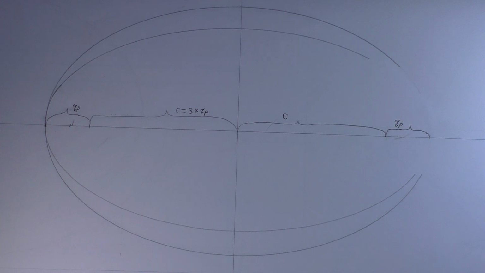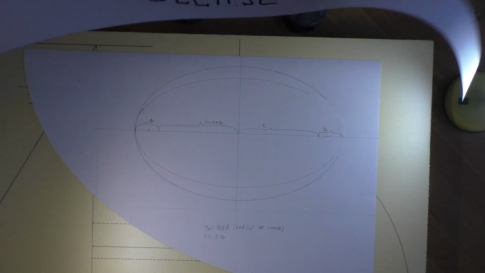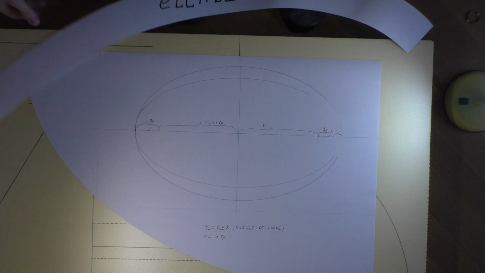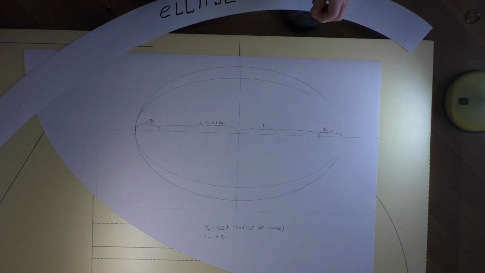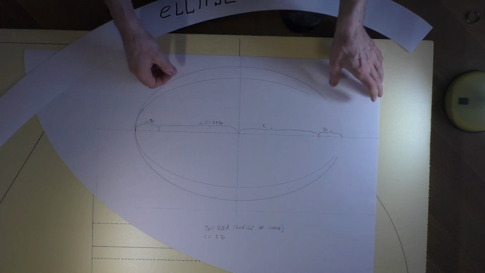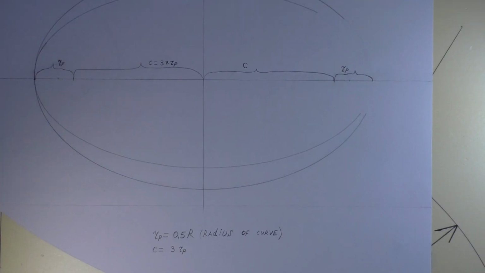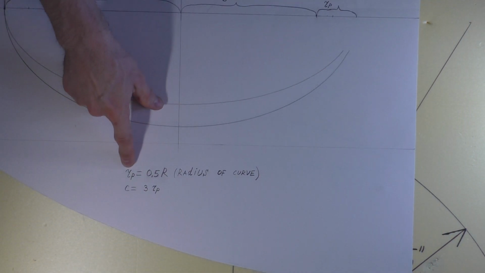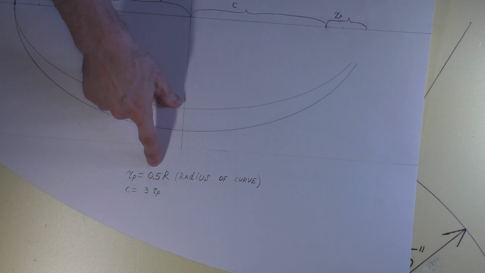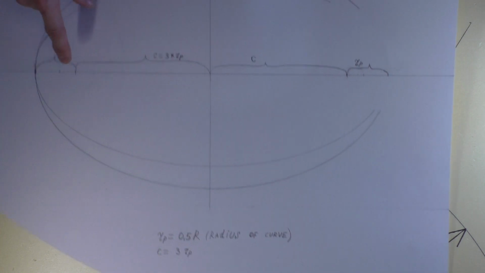Okay, for making template you only need 1/4 of the ellipse. And as a starting point, you can use value RP is half of radius of your curve.